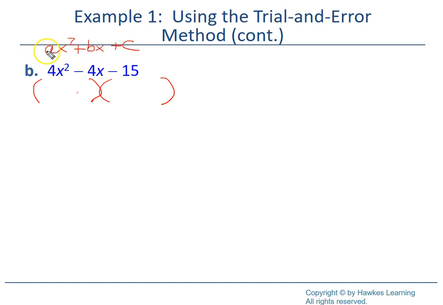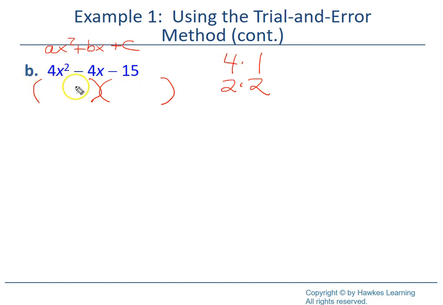When I refer to the a term, I'm talking about that 4. Now, what could this 4 be? Well, remember, it could be a 4 and a 1, or a 2 and a 2.